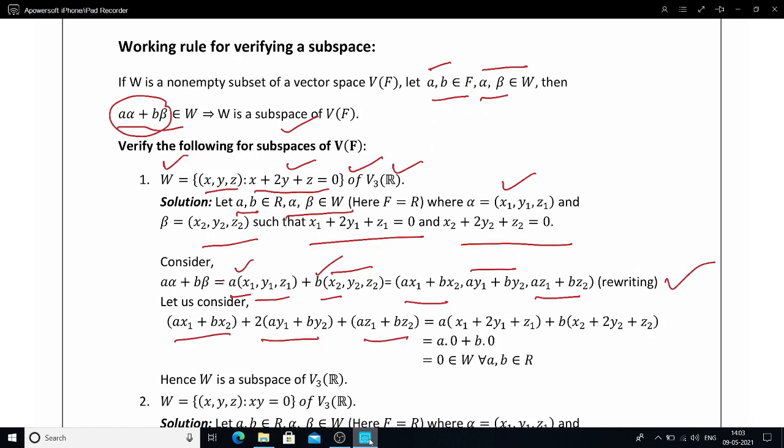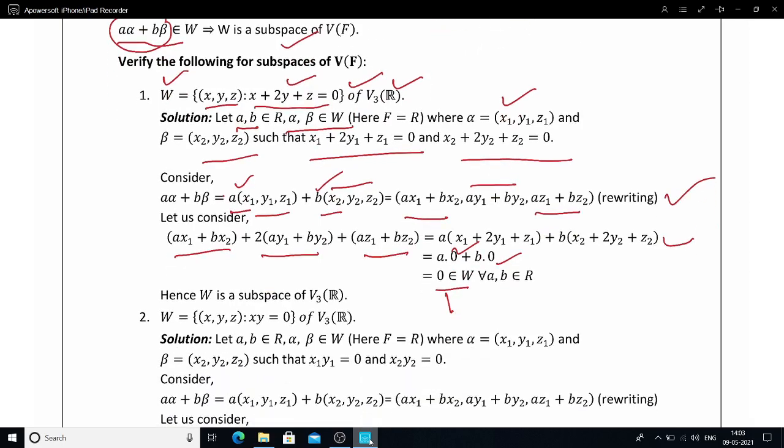Grouping, that means coefficient of A is x1 plus 2y1 plus z1, coefficient of B is x2 plus 2y2 plus z2. We replace this bracket by 0, this bracket by 0. Whatever the values of A and B, we always get 0. That indicates it belongs to W. This shows that W is a subspace of a vector space over a real field containing 3 elements.